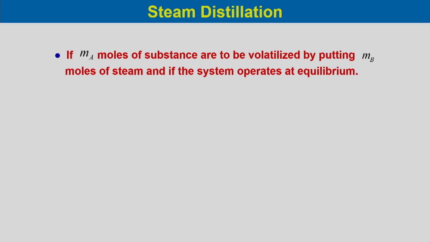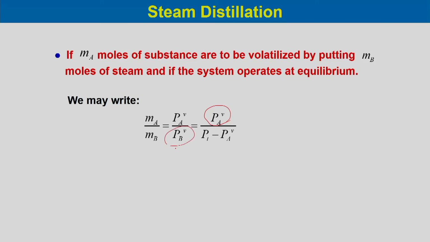Now, if MA moles of substance are to be volatilized by MB moles of steam, and if the system operates at equilibrium, then we can write MA by MB would be equal to PAV by PBV, the vapor pressure of component A divided by that of B. Since PAV plus PBV is equal to PT, the total pressure, we can write PAV divided by PT minus PAV.